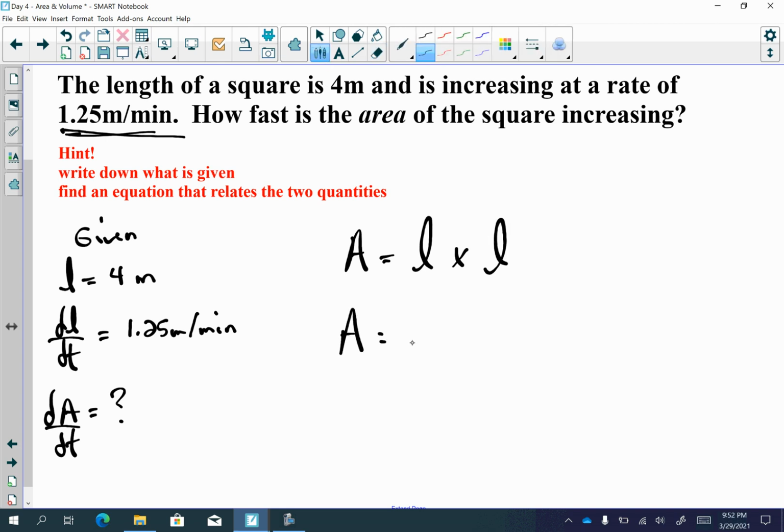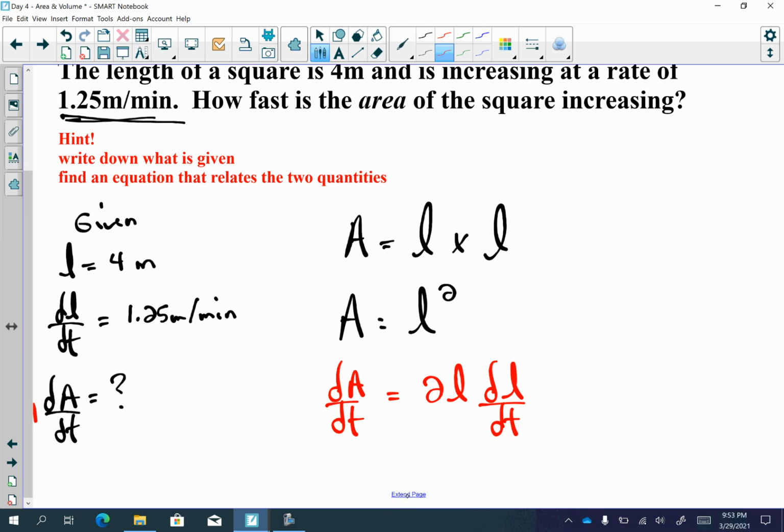So I end up with this. Now here's what's important. I'm going to differentiate both sides with respect to time. So the derivative of A with respect to time would be dA over dt. The derivative of L squared would be 2 times L times the derivative of L with respect to time.